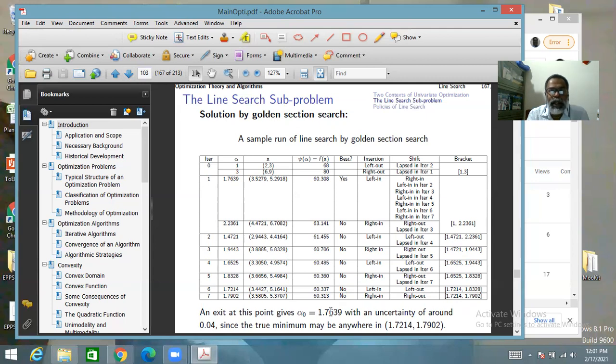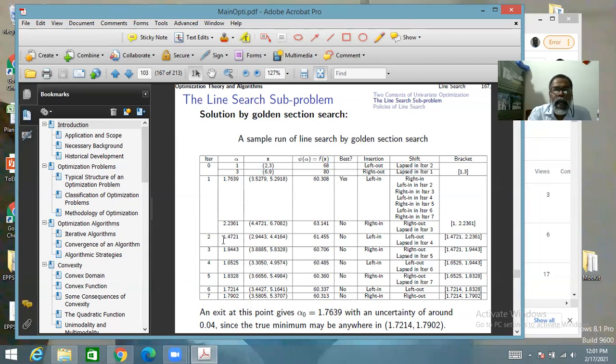An exit at this point gives us the best value of alpha till now in this line search round as 1.7639. Because right now the bracket is this, and we have 1 point in the interior already at a golden section location, which is this. Another point is yet to be found out if we go for another iteration.